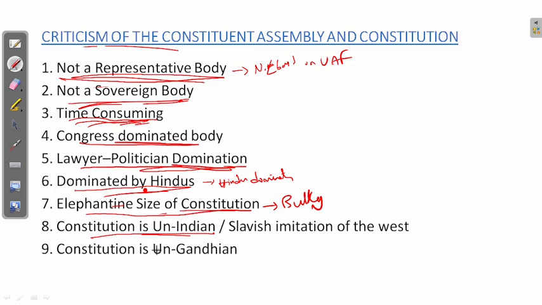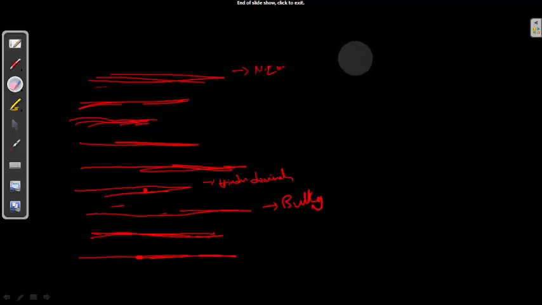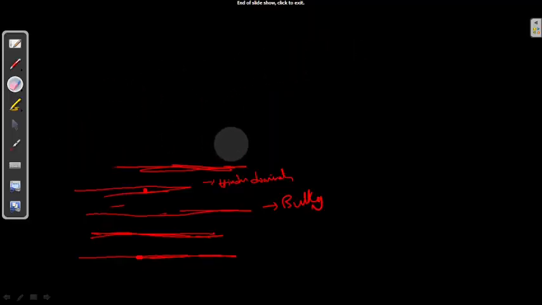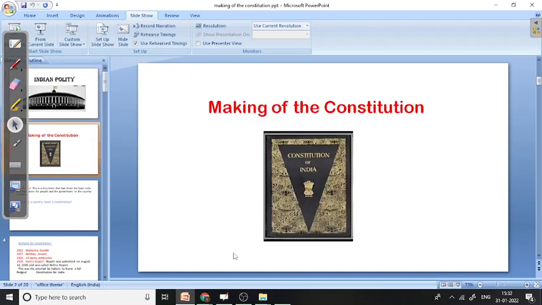Next, the Constitution is un-Gandhian because it does not contain the philosophy and ideals of Mahatma Gandhi. These are some of the criticisms of the Constituent Assembly and Constitution. With this, we are done with the making of the Constitution. Next, we'll deal with the salient features of the Constitution.